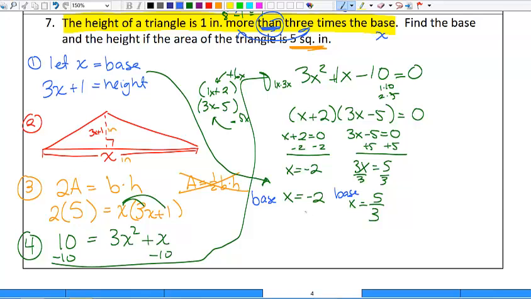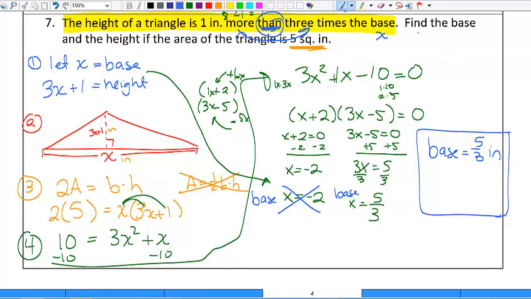And the problem is the negative. There is no such thing as negative 2 inches. We don't measure in negatives. So I'm going to take out the negative one that doesn't actually make sense. Notice it's not the fraction, okay? I'm taking it out because of the negative. A lot of students are like, oh, fractions don't make sense. Yes, they do. They're numbers, okay? But negative distances, that's what doesn't make sense. So I believe my base is 5/3 inch.